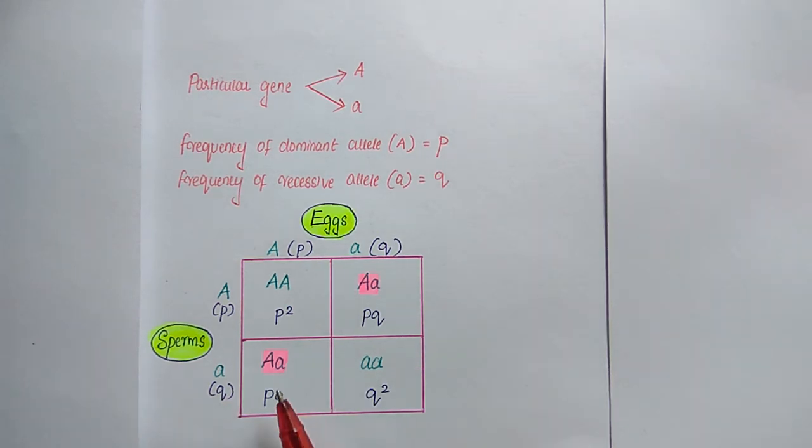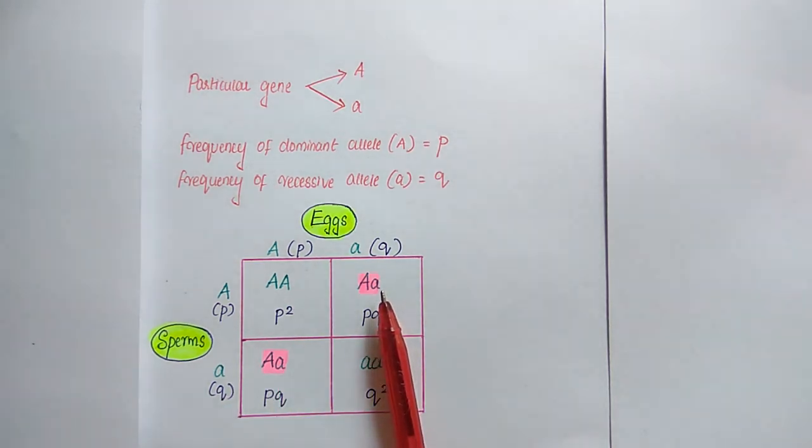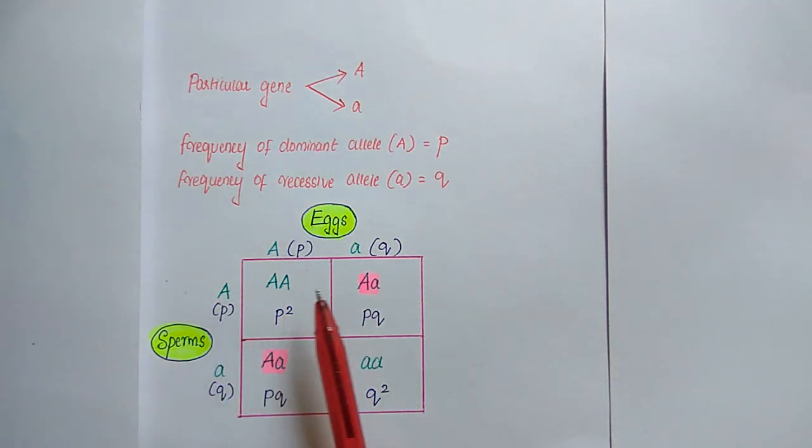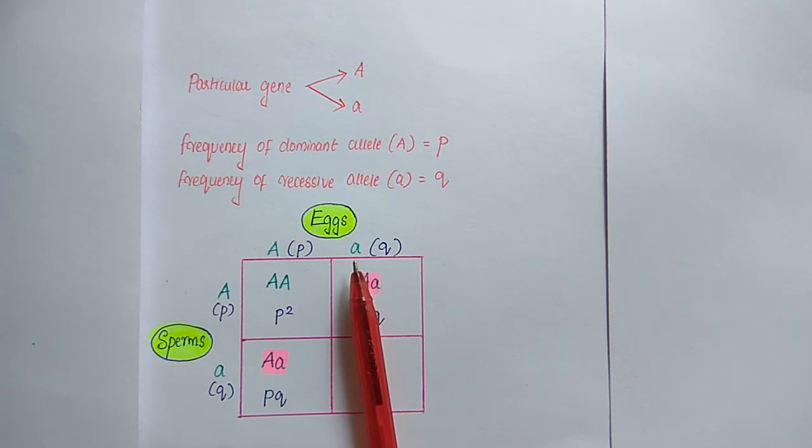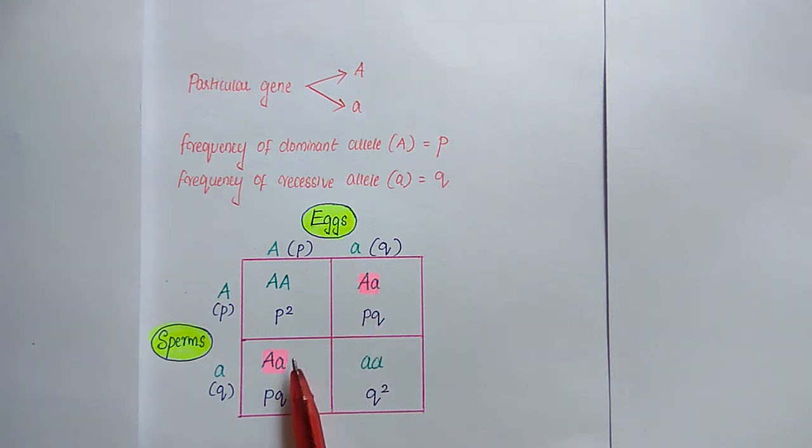For the formation of the Aa heterozygote, there are two possibilities. One is that a dominant A sperm can unite with a recessive a egg. Another chance is that a recessive a sperm can unite with a dominant A egg. Thus, each of these events occurs with the probability p into q.